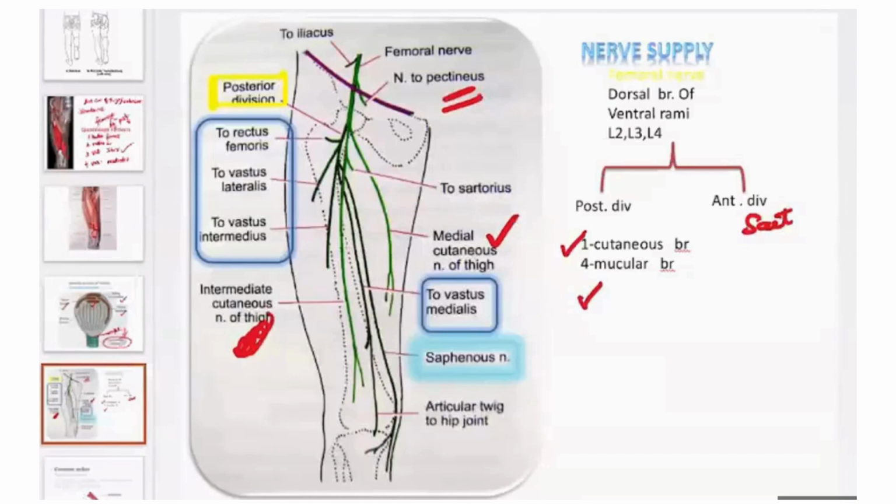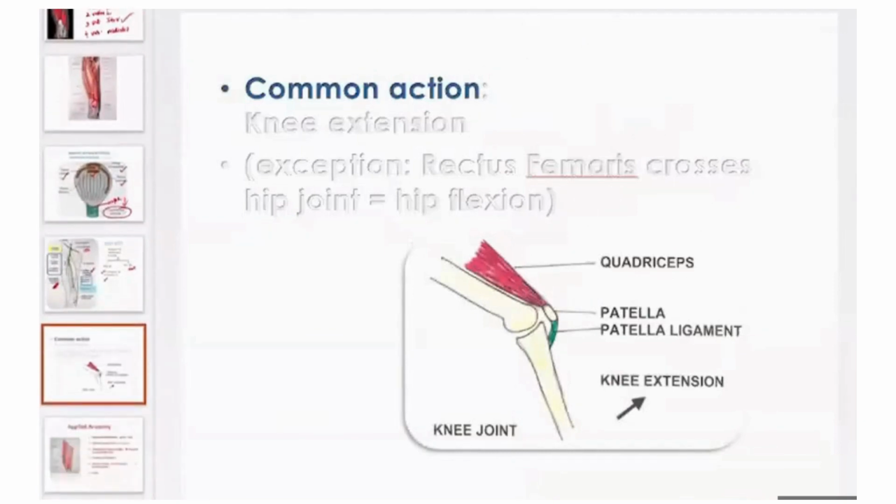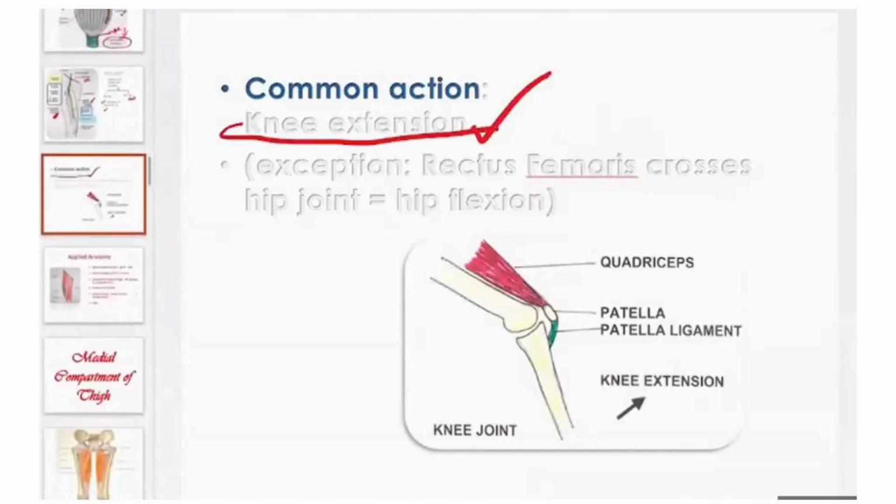It is innervated by both the femoral nerve and the obturator nerve. Nerves from both the anterior compartment and the medial compartment supply pectineus. So it is a hybrid muscle. The common action is knee extension. All the quadriceps will extend the knee.